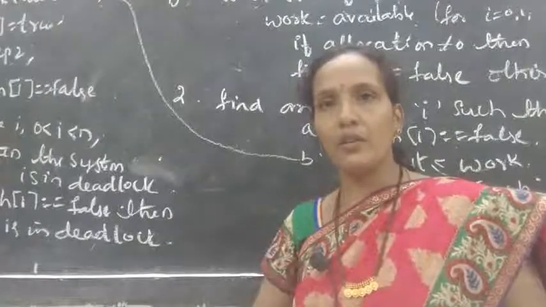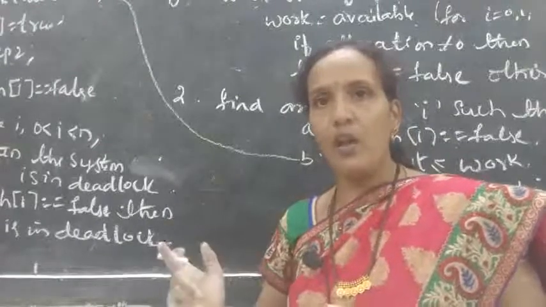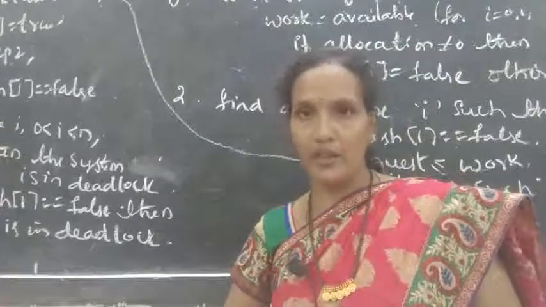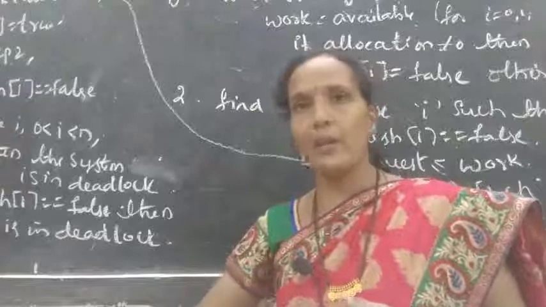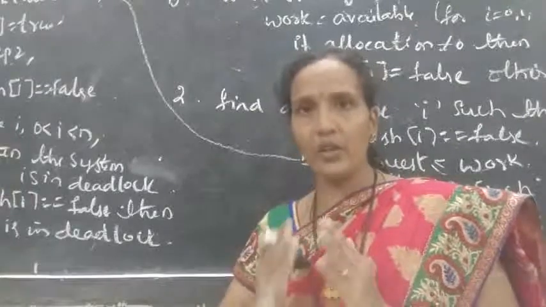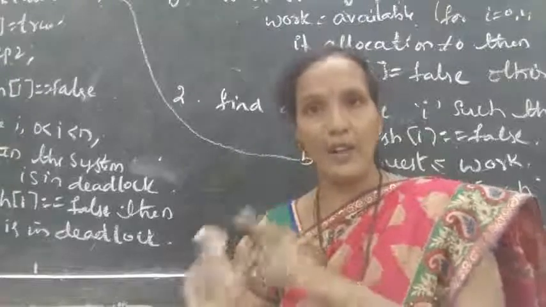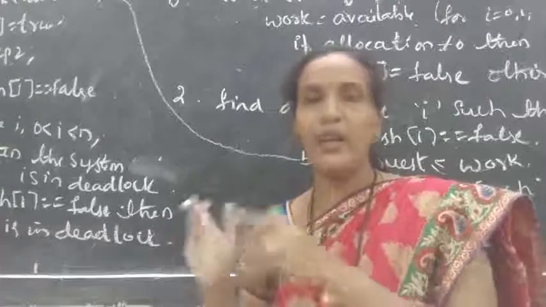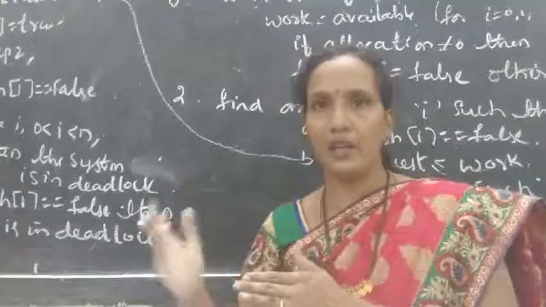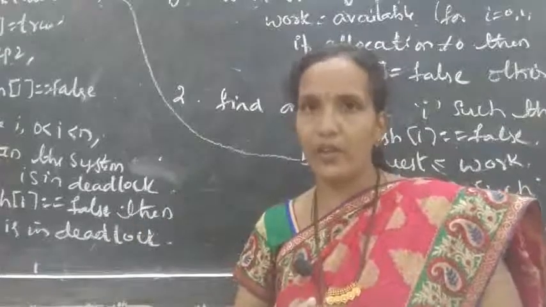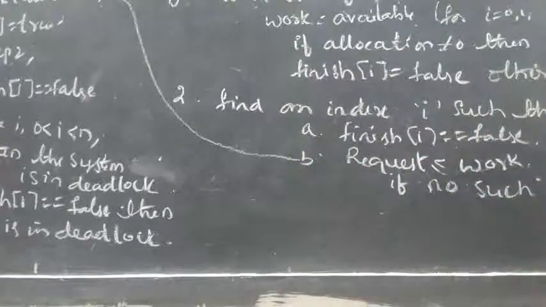In the third step, work equals work plus allocation, meaning before giving new resources we collect the old resources. Like this we complete all the processes. If any process is not completed, meaning finish of I equals false, then the system is in a deadlock. Understood? You note this down.